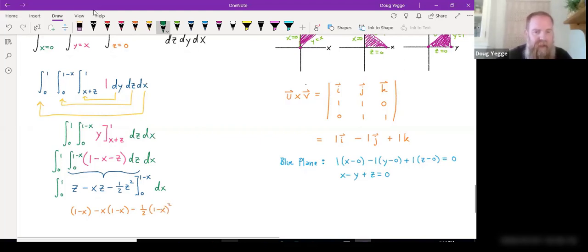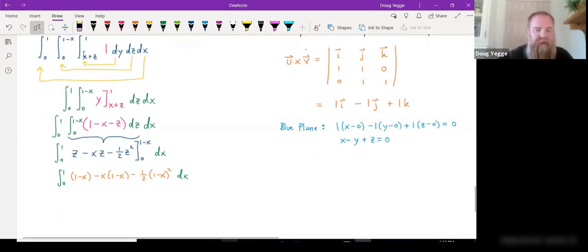And whatever that simplifies to, I'm now going to integrate with respect to x because it's the last variable. All right, well, we should be able to simplify this a little bit. So that becomes 1 minus x plus x squared.